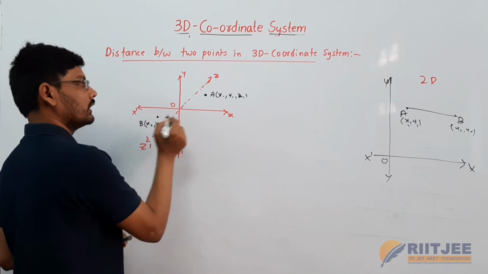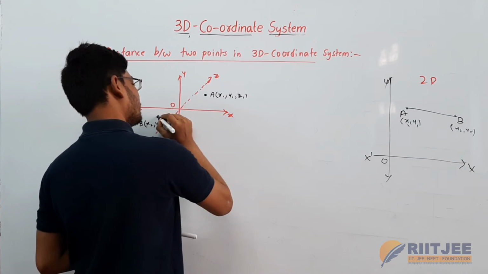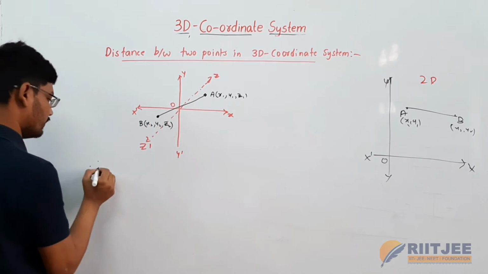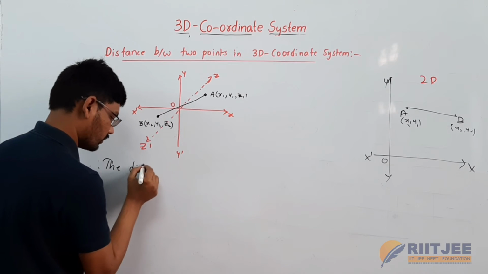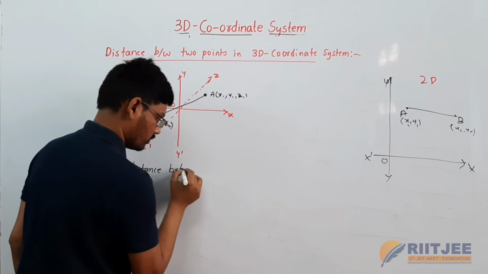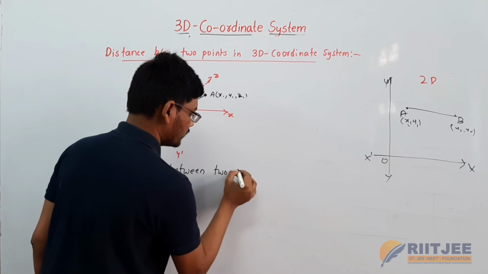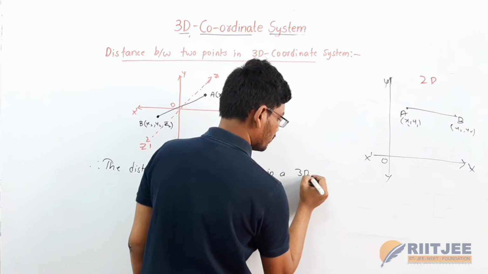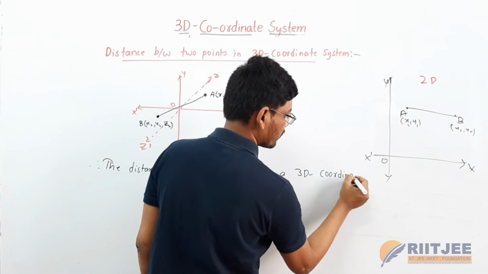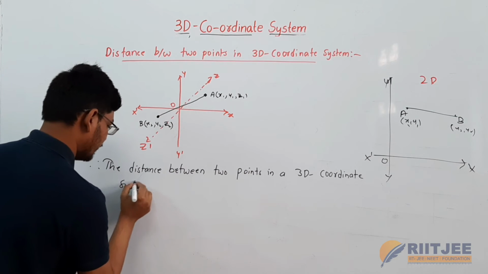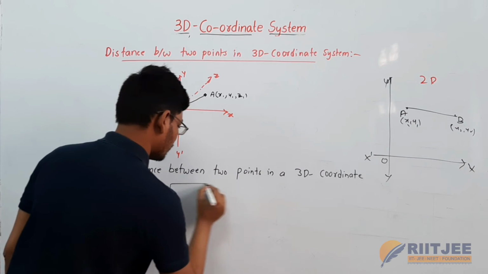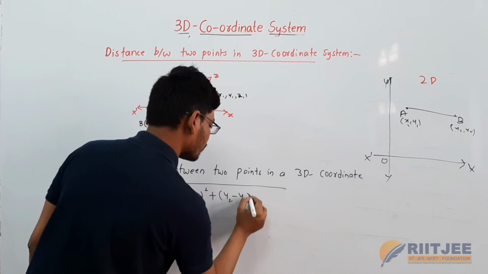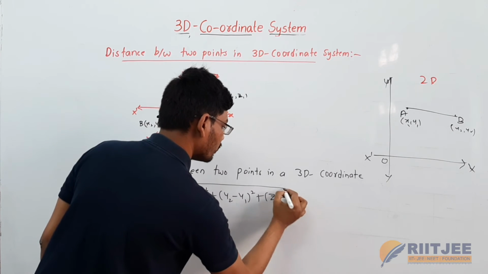This is the position of the point, this is the position of the point. If you want to find the distance between these 2 points, therefore the distance between two points in a 3D coordinate system is square root of x2 minus x1 whole square plus y2 minus y1 whole square plus z2 minus z1 whole square.